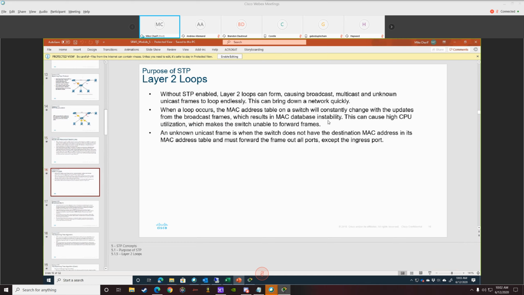And that's really a problem. This can cause high CPU utilization, which makes the switch unable to forward frames. Once you get to this point, denial of service. The people plugged into that switch cannot reach the server or whatever application they're trying to use. So the frame is going to flood, going into this loop, loop, loop, loop, loop.